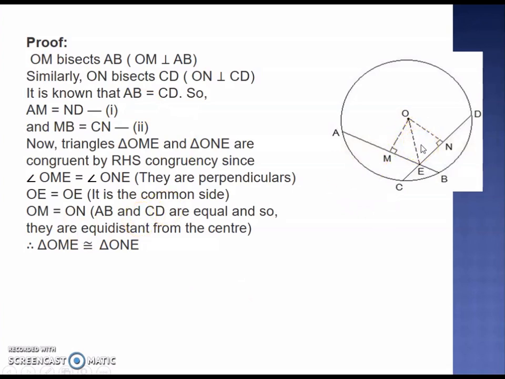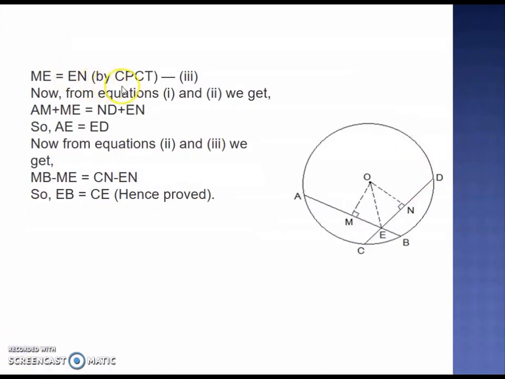So since AB and CD are equal chords, their distance from the center, OM and ON, also must be equal. So by that we can say that these two triangles are congruent to each other. So since the triangles are congruent, we can say that ME and NE are equal by CPCT.